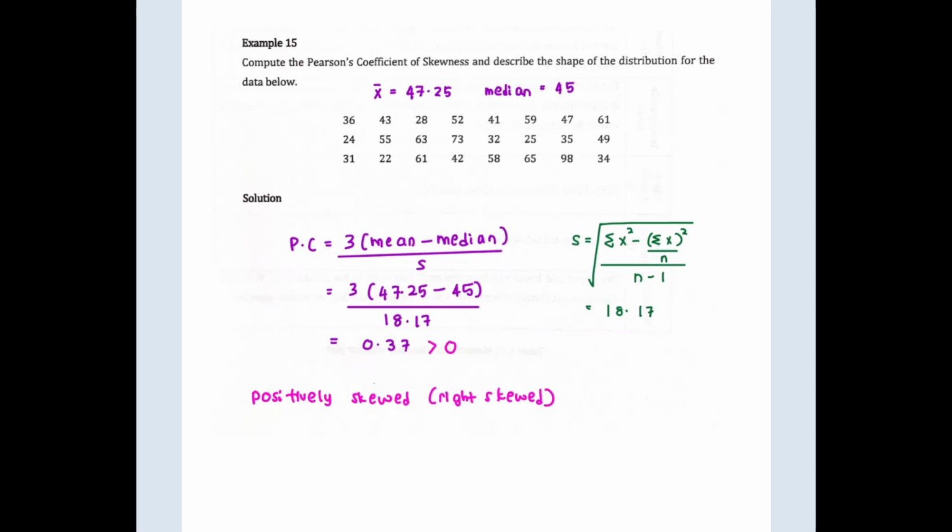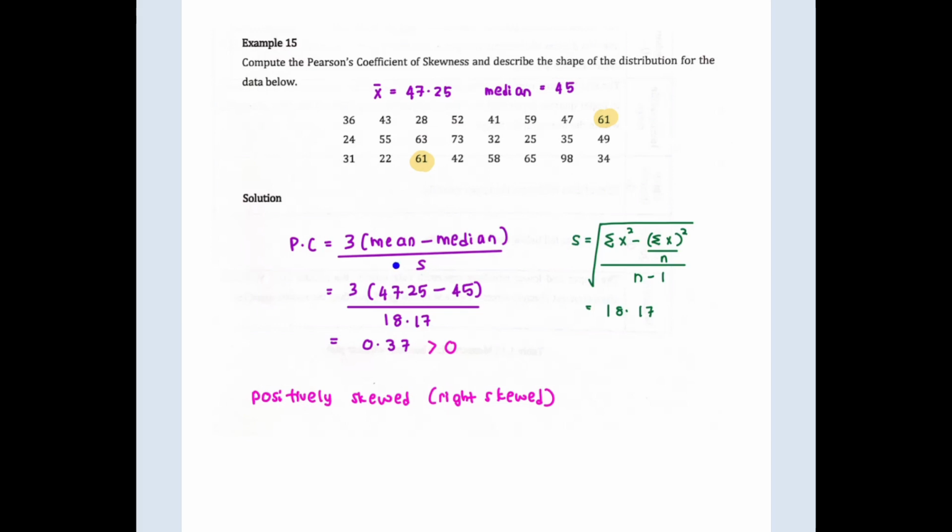You are having 61 repeated how many times? 2 times only. So that means the frequency of the mode is too small compared to the rest of the data. You are having 1 time of data only. So it is best to use the median formula.